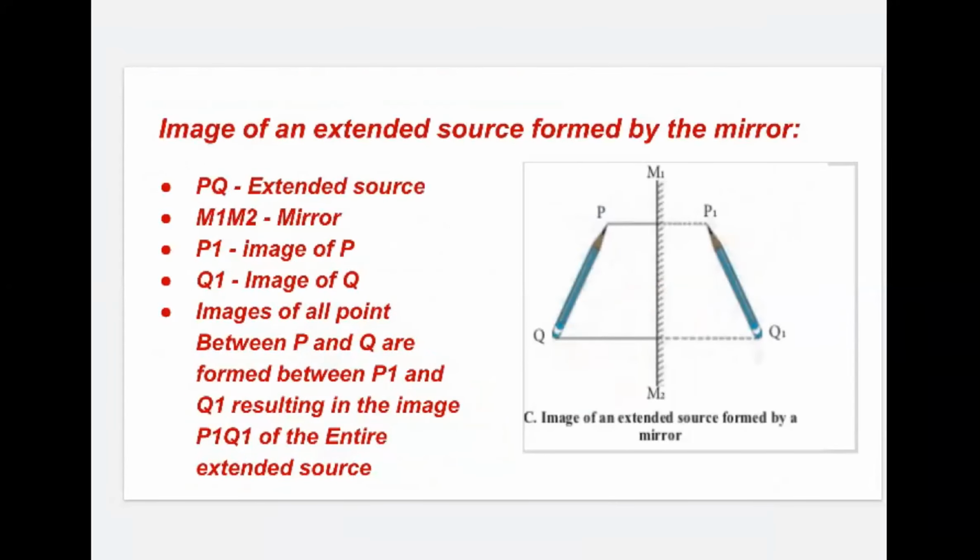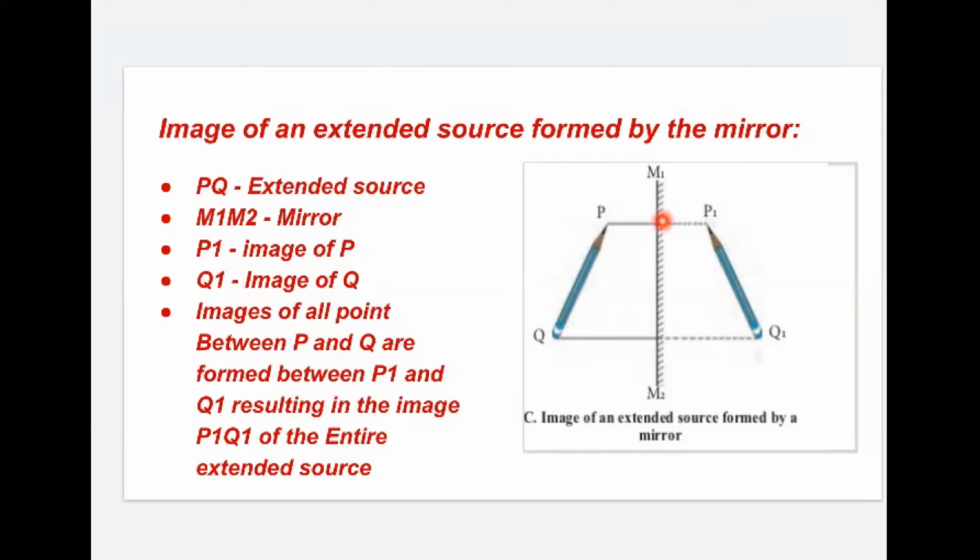Next, we see what happens if the object is an extended object. By extended, we mean there are many points which emit light if light falls on that object. Here we are taking the example of a pencil. When the pencil is kept in front of the mirror, you get the image of the pencil at the back side.